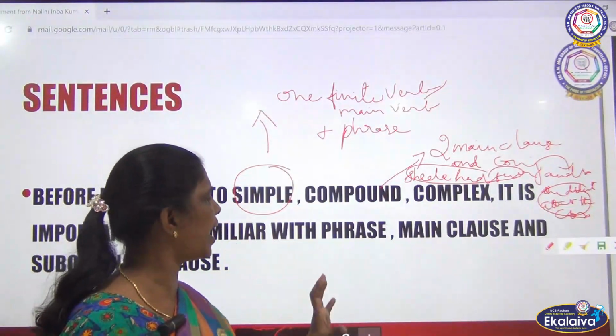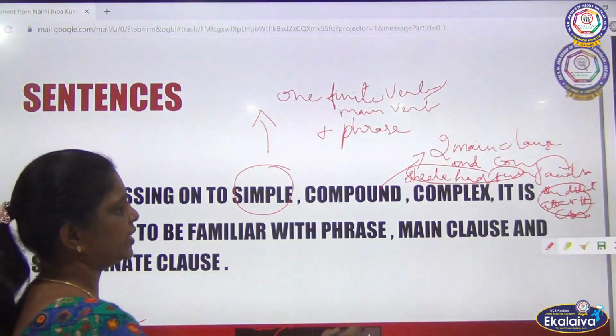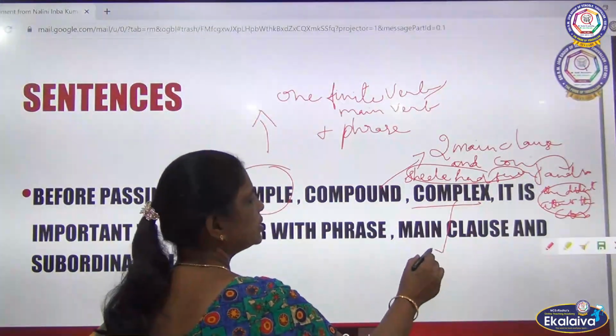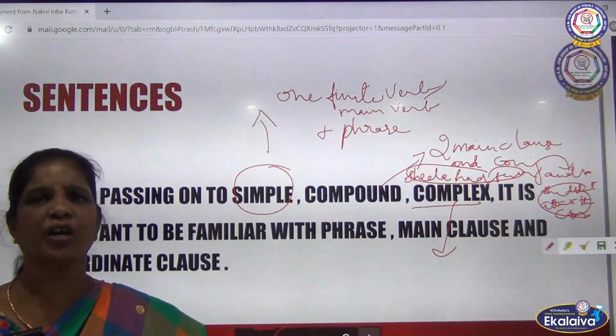Then what is called a complex sentence? What is the structure of it?